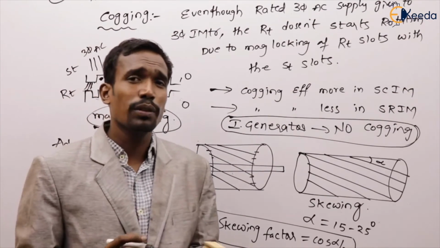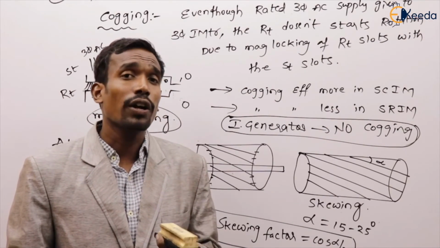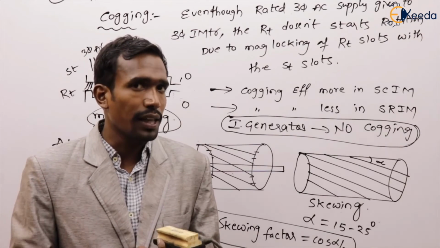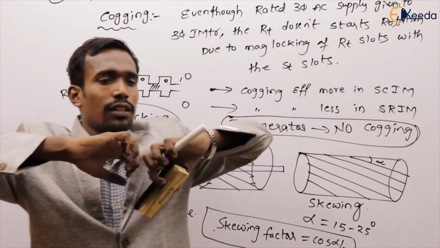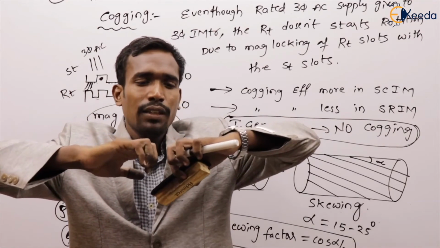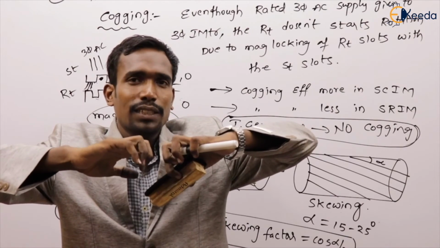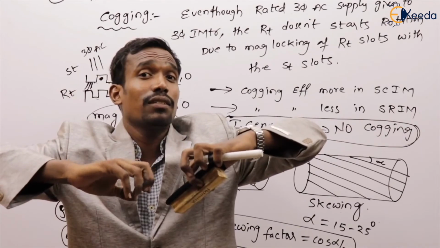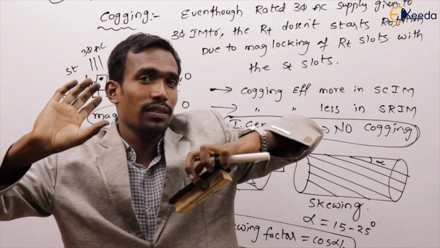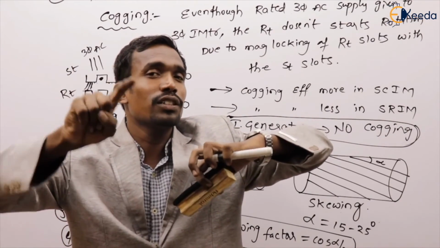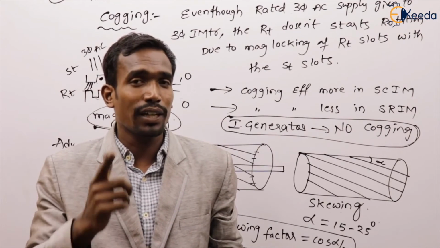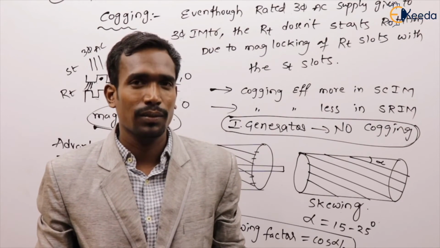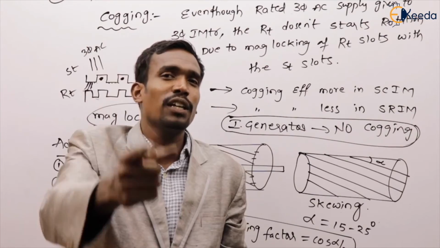Here you have to remember one thing. In the cogging phenomenon, magnetic locking takes place in between rotor slots and stator slots. Very important. In a synchronous machine also, you can find magnetic locking, but that magnetic locking is very different from this.